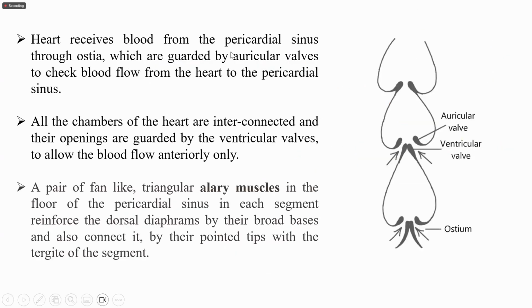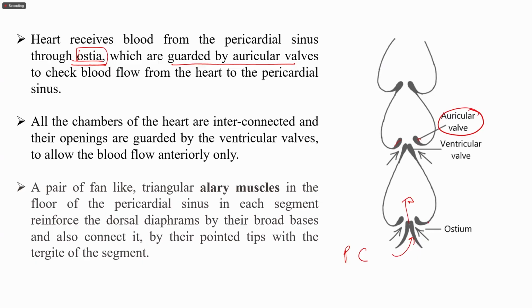So what happens is the heart receives the blood from the pericardial sinus through the ostia, which are guarded by auricular valves. You can see here, these are the ostia. So blood rushes through the ostia into the heart from the pericardial sinus.